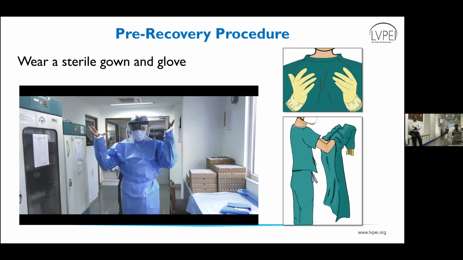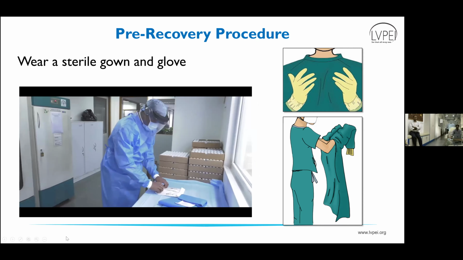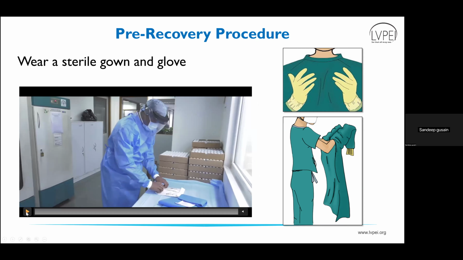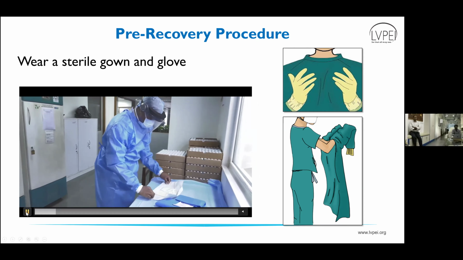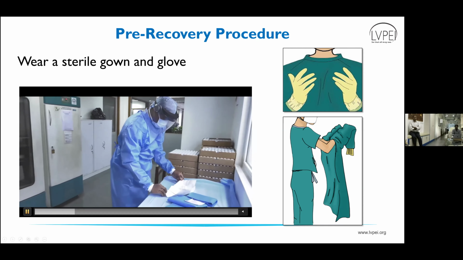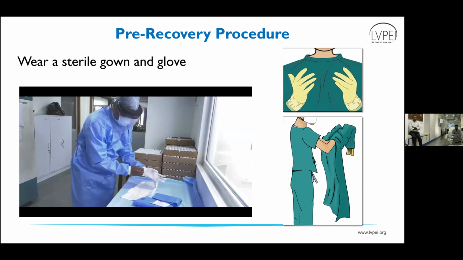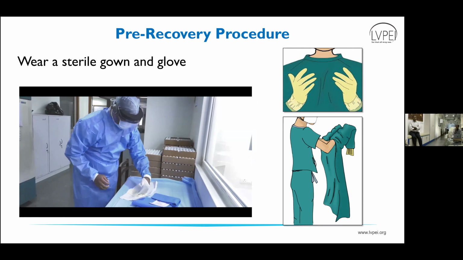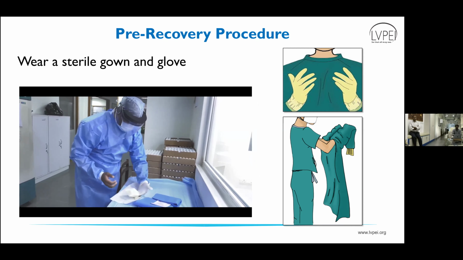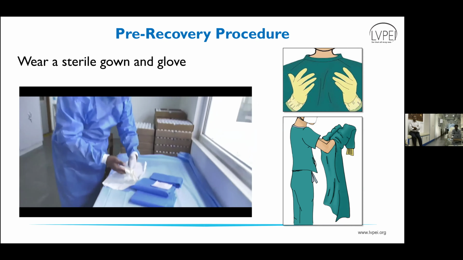You should not drop your hands below the hip line. Then the assistant will tie the tags, and after that you have to wear the surgical gloves also. You can watch how the gloves need to be worn. Using the open gloving method, you wear both gloves.